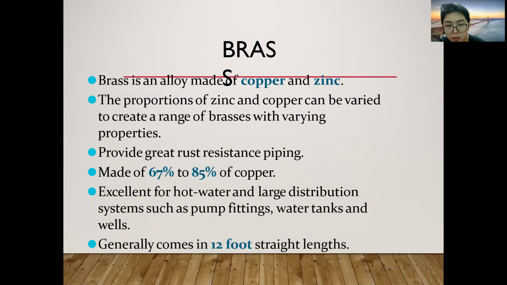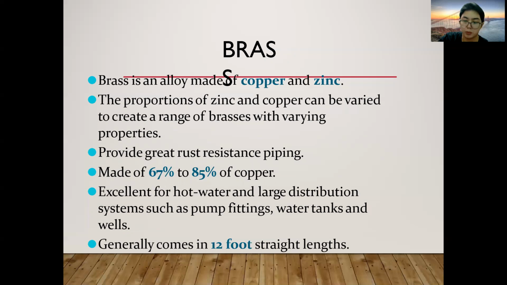So most of the water pumps, water tanks, and production of water systems in a community use brass. Most of the pipes that we use are brass because of its great rust resistance, which is a great factor for the water tanks or the water pumps continually pumping in different communities.